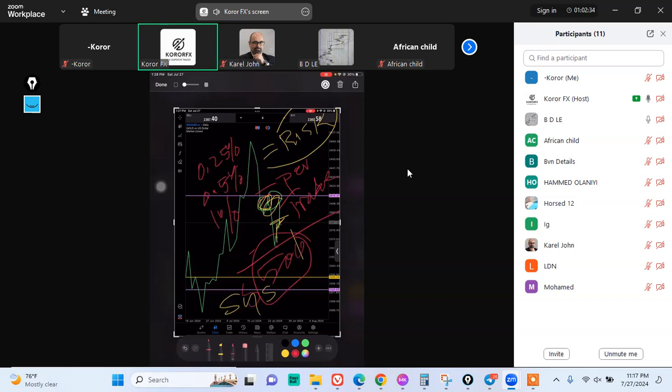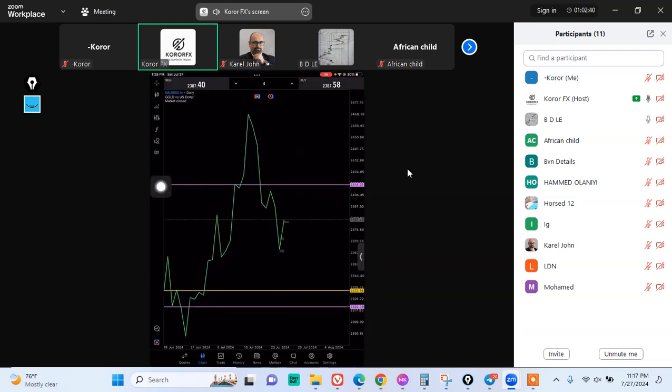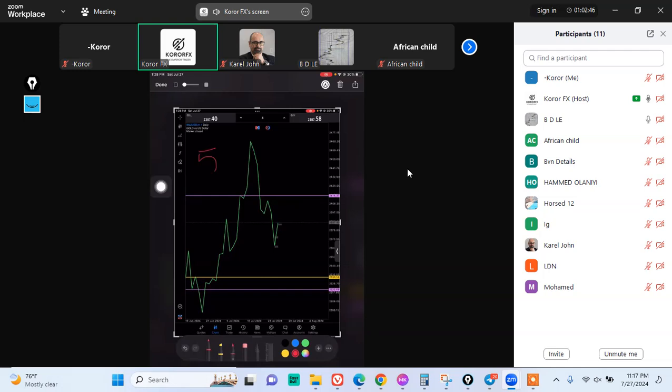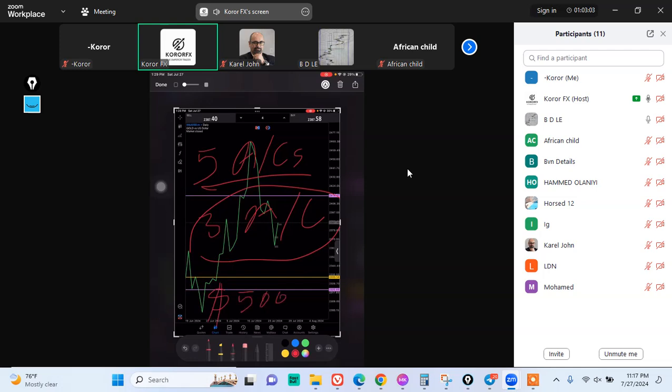For that 500 USD, divide it into 5 accounts, guys. If you can do 5 accounts, or maybe 3 accounts minimum. But if you deposit the 500 in one account and try to flip it in 1 or 2 trades using this technique, you can blow it when your setup fails.